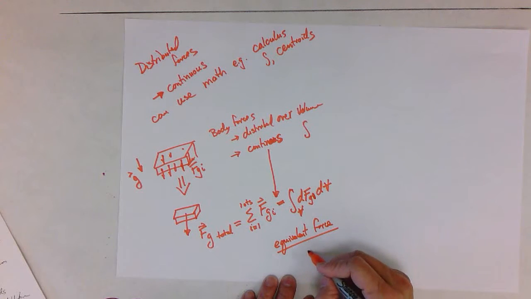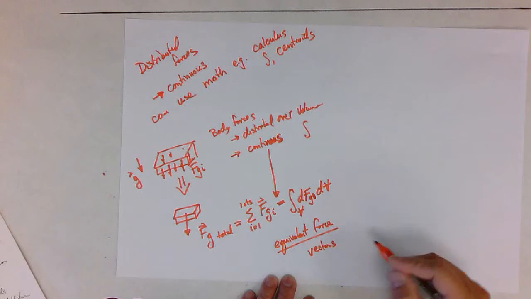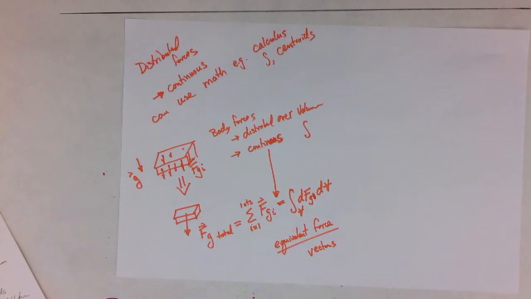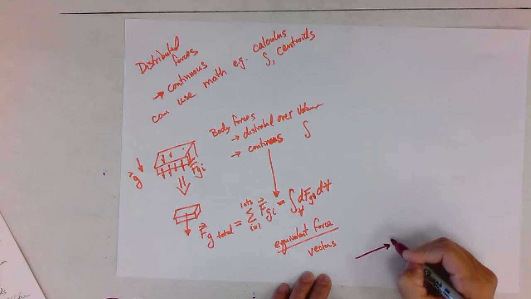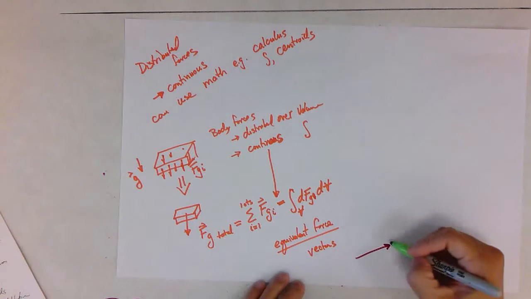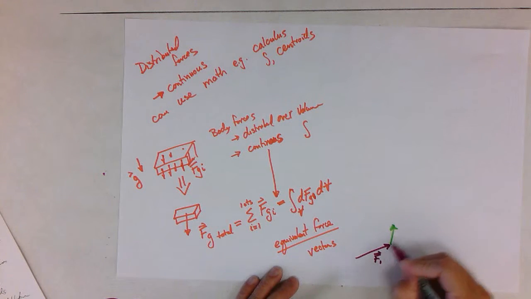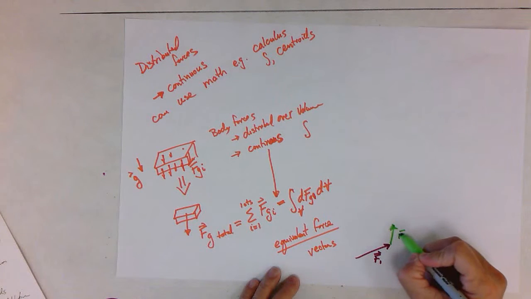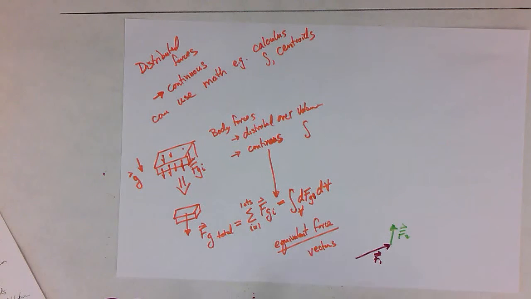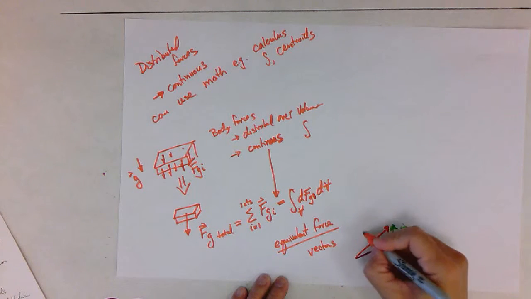Because these are vectors, right? As we saw earlier with vectors, we can combine them geometrically or algebraically. So we have a force vector here, we have a force vector here. We can add them together to get a resultant.